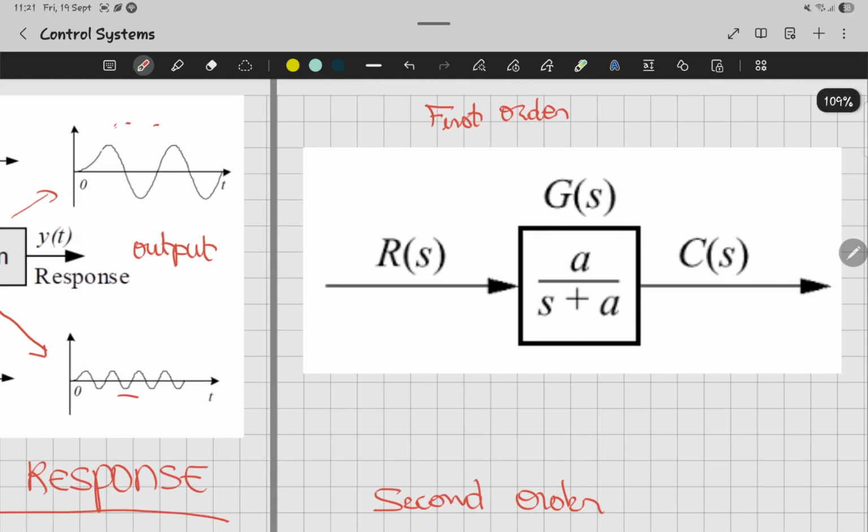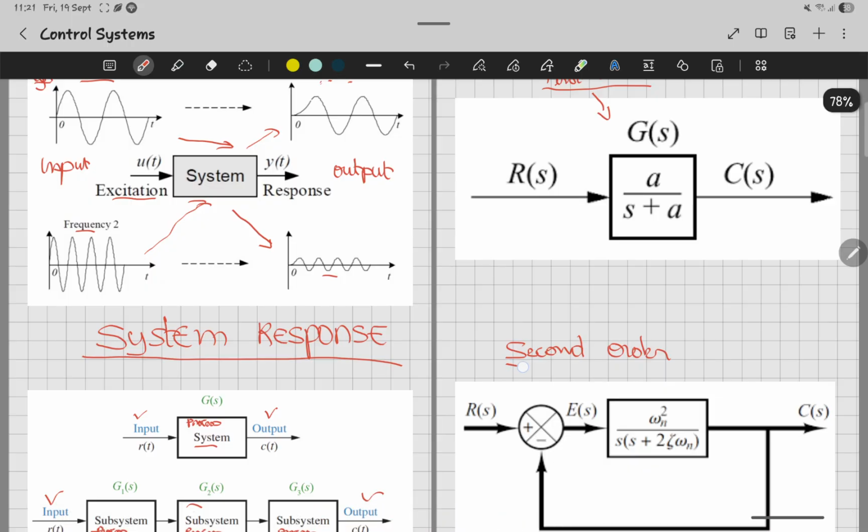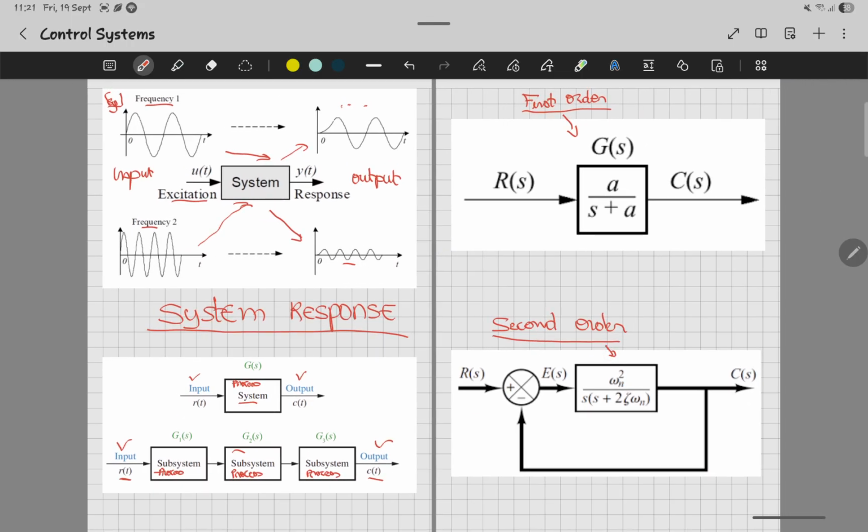Now let's see what we have on this side. Here we have the first order system. This is how we can represent our first order system, and for the second order, this is how we can represent it. The form inside is just to give you the transfer function G(s) that you see there.